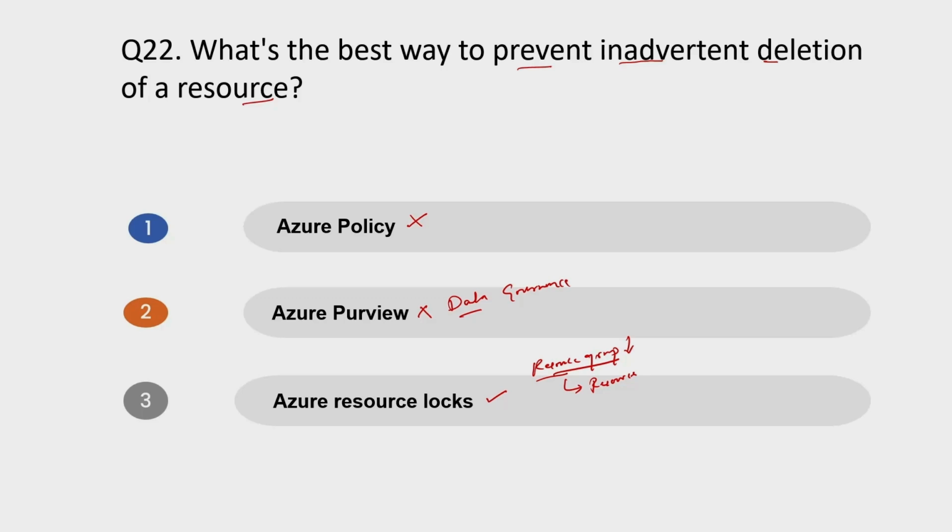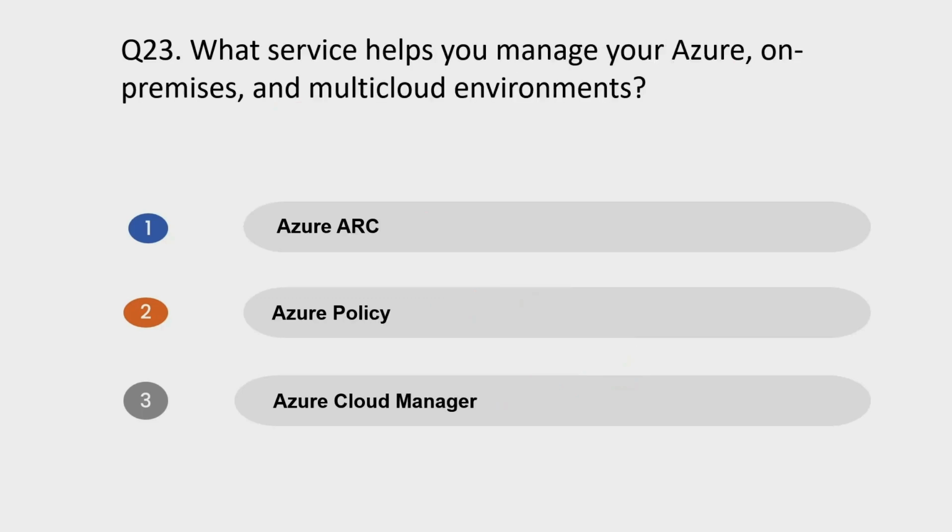Let's move on to question number 23. What service helps you to manage your Azure on-premises and multi-cloud environment? The answers are Azure Arc, Azure Policy, Azure Cloud Manager. Let us eliminate the wrong answers first. I have not heard about any services like Azure Cloud Manager. I will eliminate this answer. Azure Policy, we know that this is used to control our resources.